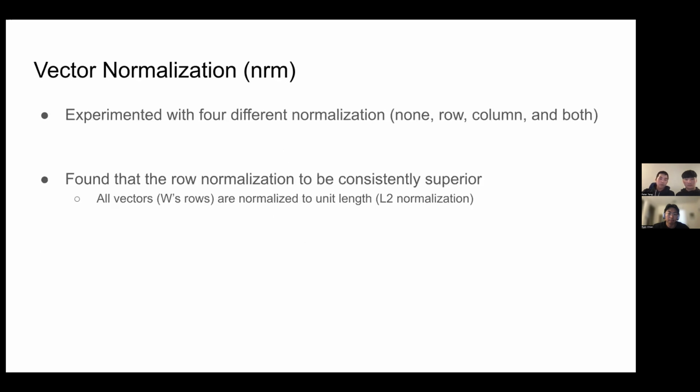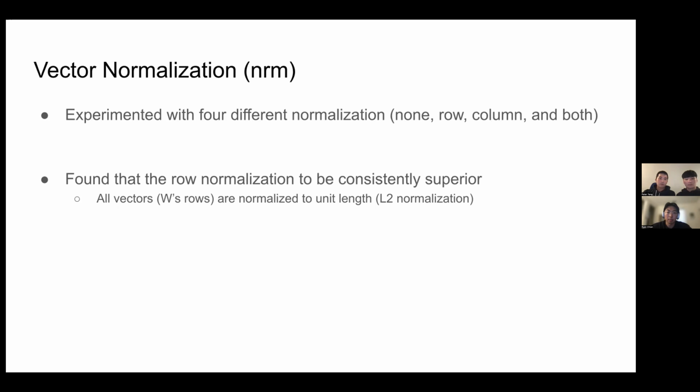Vector normalization. The study actually experimented with 4 different normalizations: none, row normalization, column normalization, and then both row and column. And they found that row normalization is consistently superior to the other 3.